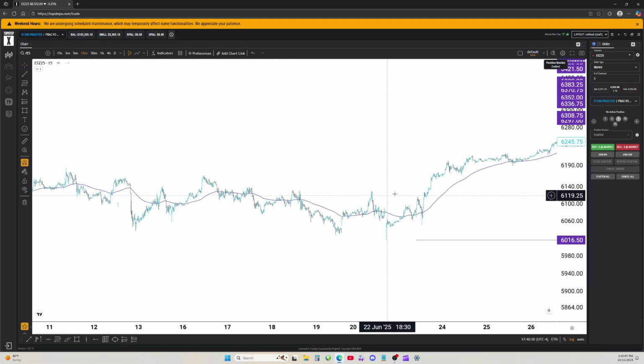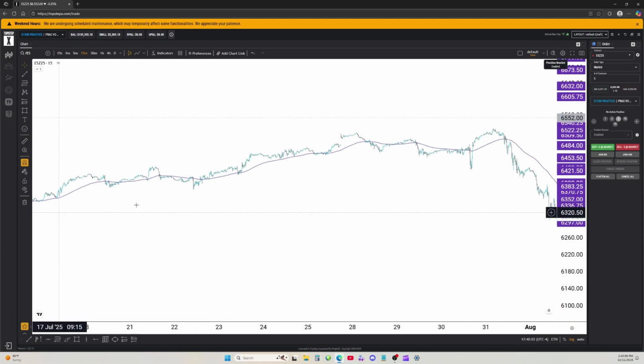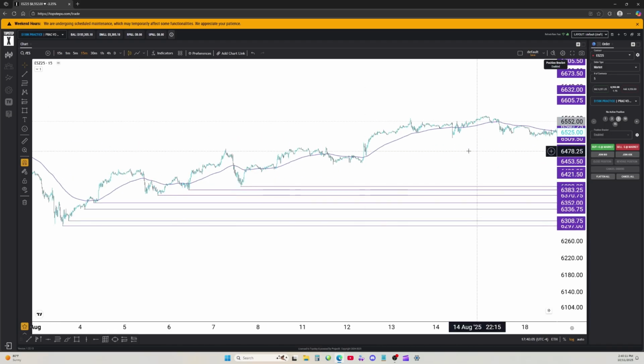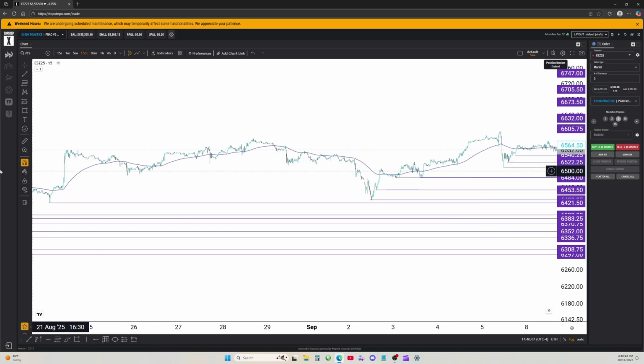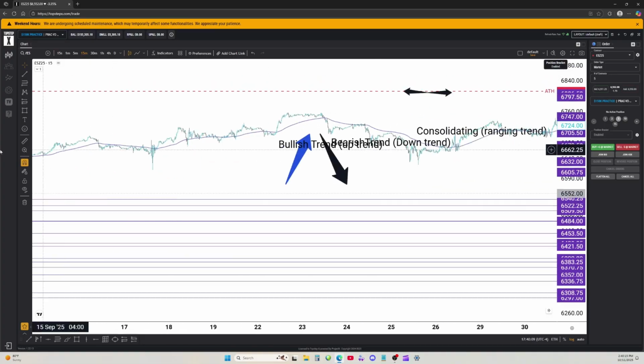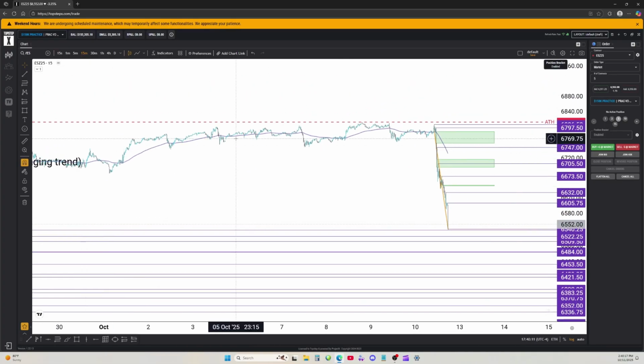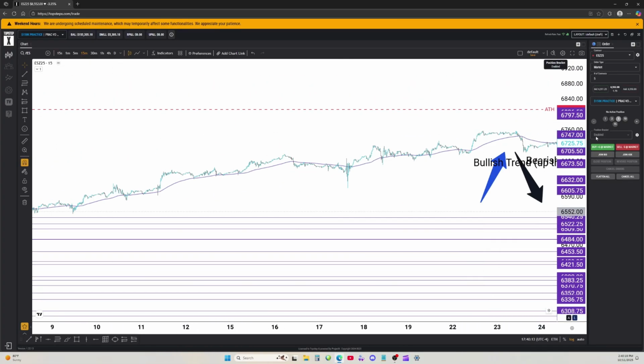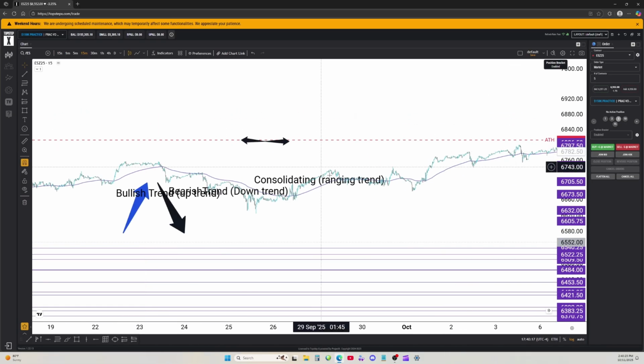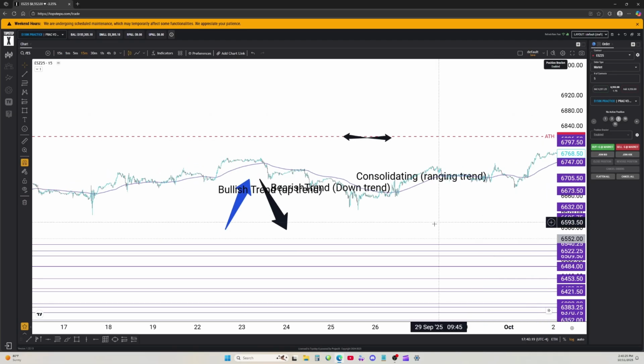You see? But look how far we were just in this kind of area. This kind of like 700 ranging area, right? So that's that.